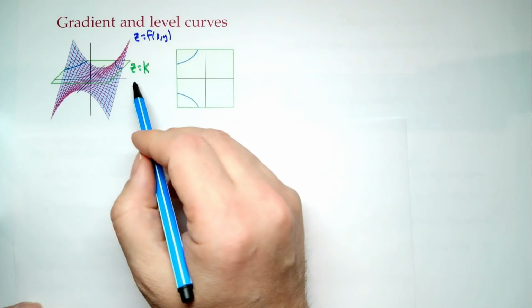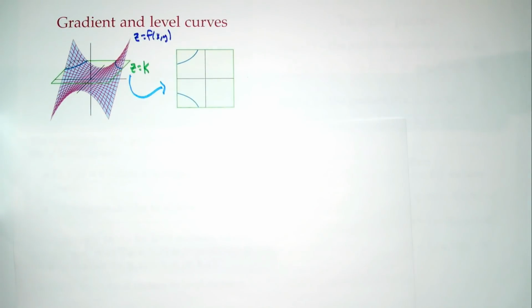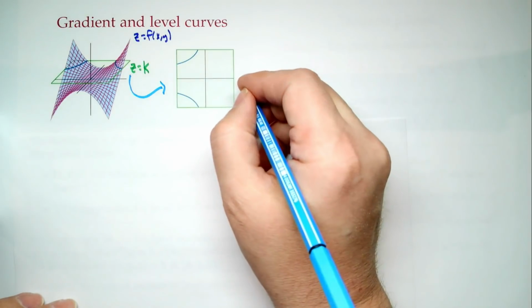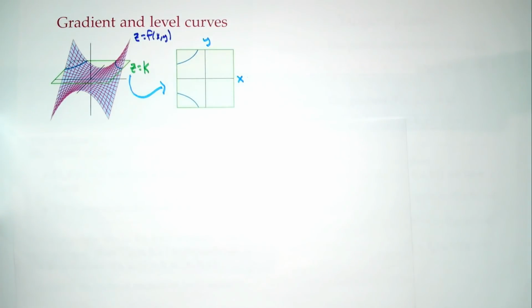So what you see here is that if you take this z equals k slice and you pull it out and lay it down, looking at it from above, it looks like the xy plane, but of course it's really an xy plane where I have z at a particular elevation.